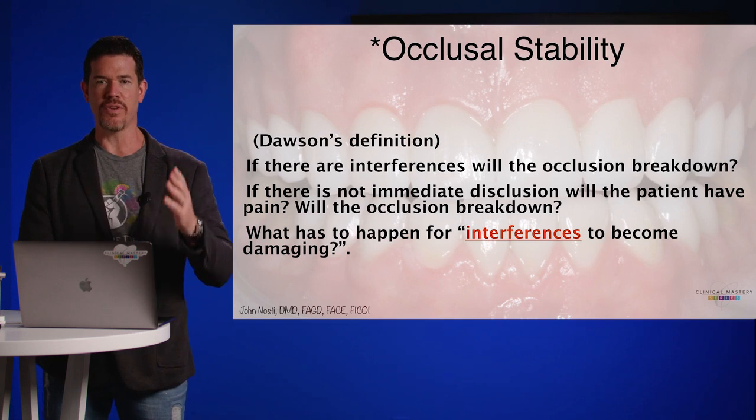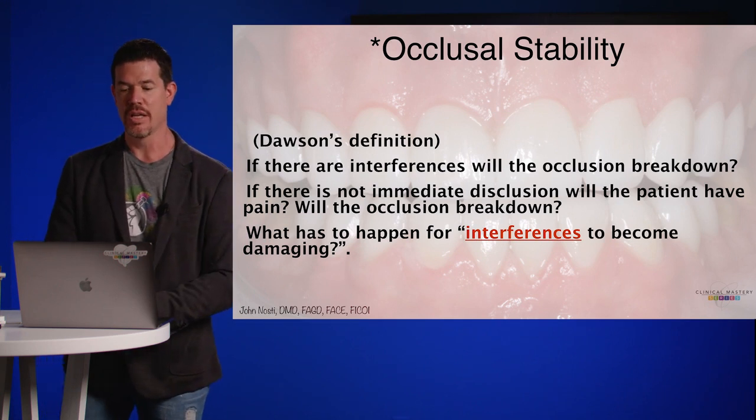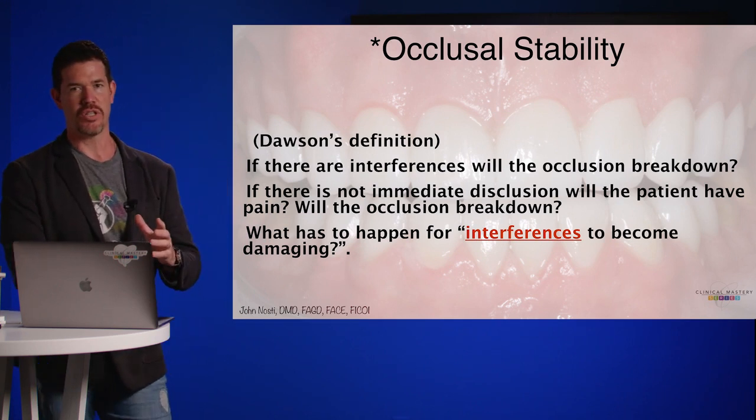Meaning if I slide my jaw forward, slide my jaw left, slide my jaw right, will I have pain, given that I have those back teeth touching? Will the occlusion break down over time? And the most important part to understand about these interferences, about these prematurities, is what has to happen for these interferences to become damaging. That is the big question.